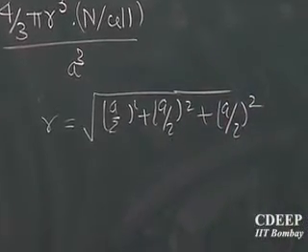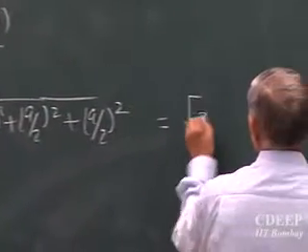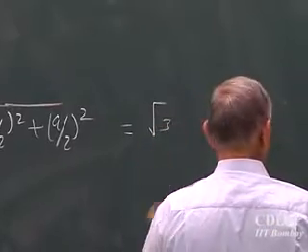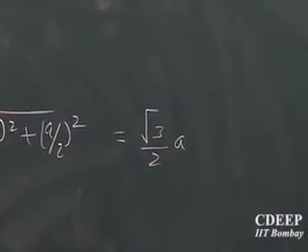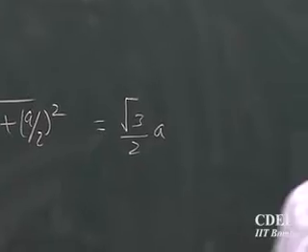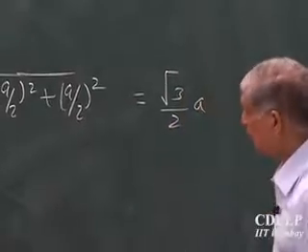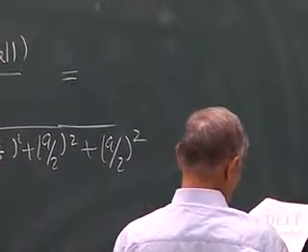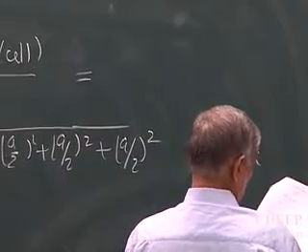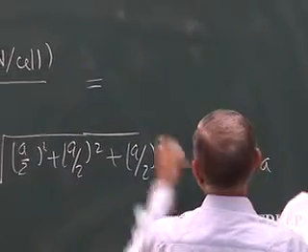This is root 3 by 4, so root 3 A by 4. And this is the radius of the sphere. You substitute R there, multiply by this, and the density which I calculated for a BCC is around 68%.